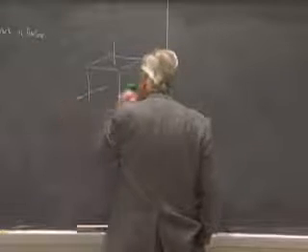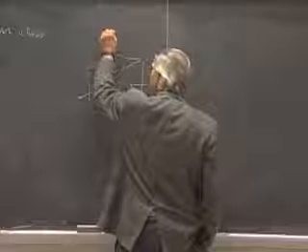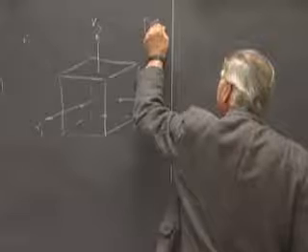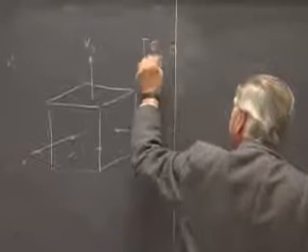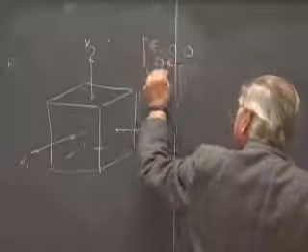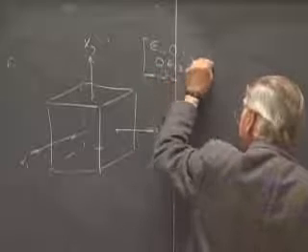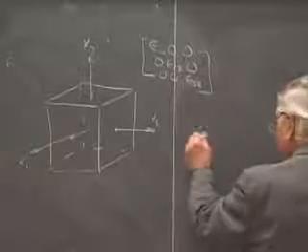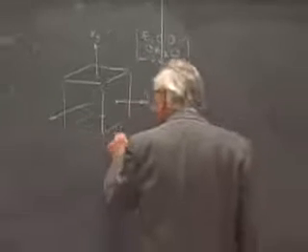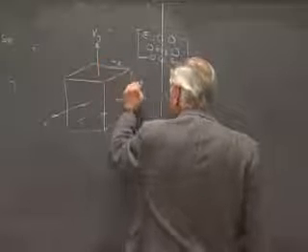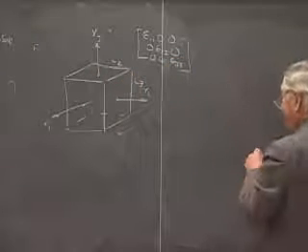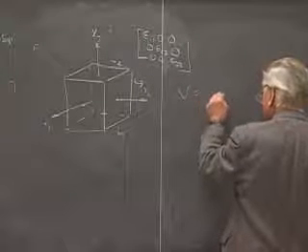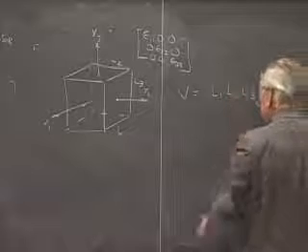So if this is x1, this is x2, and this is x3, the strain tensor, I'll assume, is oriented so we have a term epsilon 1,1, 0, 0, 0, epsilon 2,2, 0, 0, 0, epsilon 3,3. So let's suppose that the solid originally has edges L1, L2, and L3 along x1, x2, and x3 respectively. So the initial volume before any deformation will be simply L1 times L2 times L3.